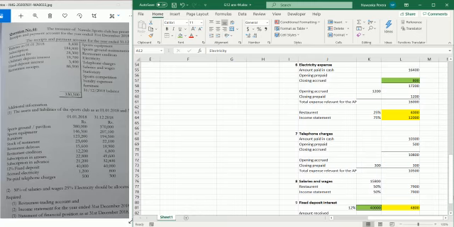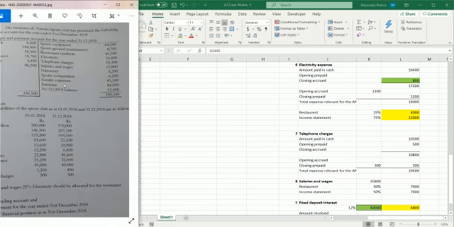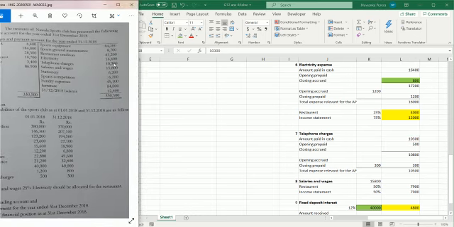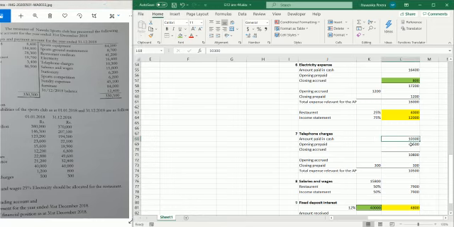Telephone charges, I use that same formula to calculate the total expense relevant for the accounting period. Amount paid is 10,300. It is given in the receipt and payment account. For this you have to add opening prepaid and closing accrued. Closing accrued is not given, so you just have to add opening prepaid, and the total is 10,800.